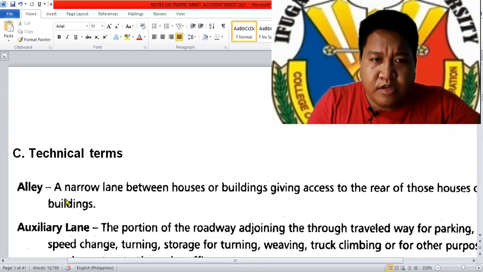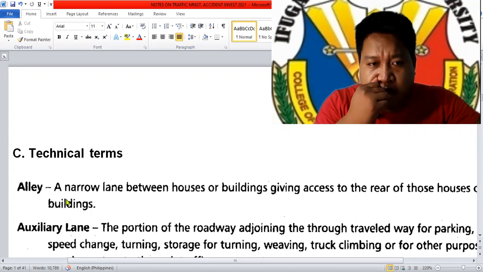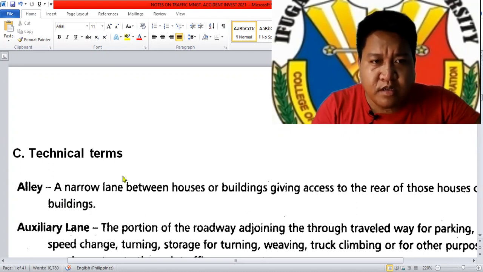All right. So the first technical term that we have to remember is the term alley.